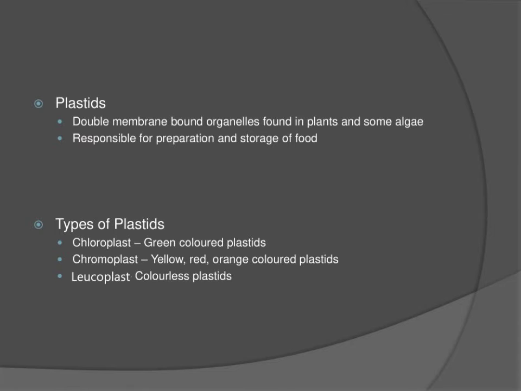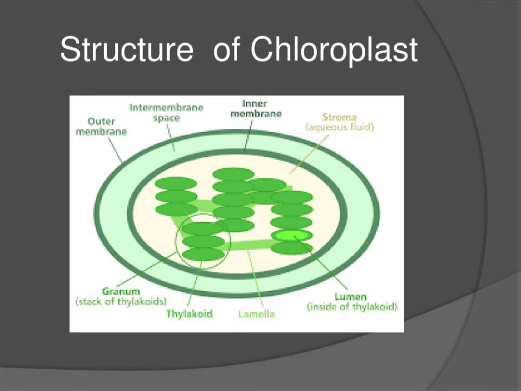Next we are going to see the structure of chloroplast. As we have seen earlier, chloroplast is one of the types of plastids. Chloroplasts are green plastids containing a green pigment called chlorophyll. That is why these chloroplasts are green in color.